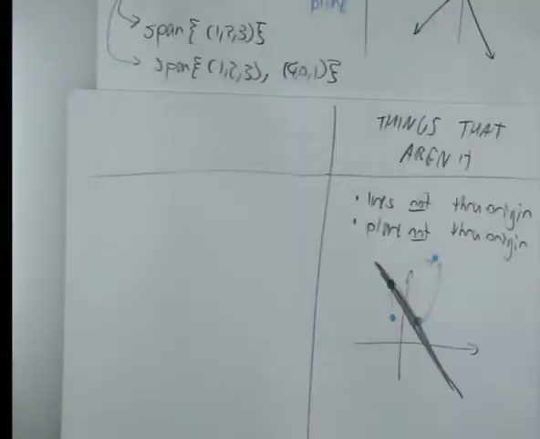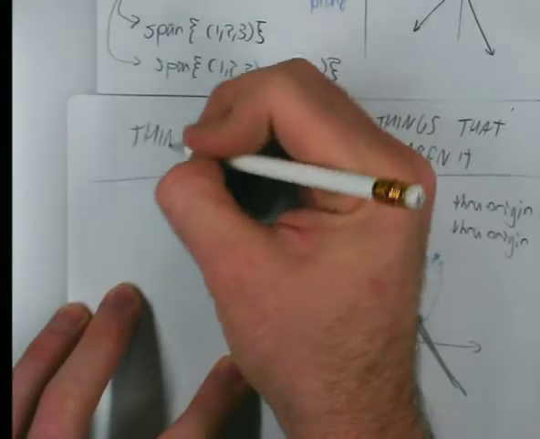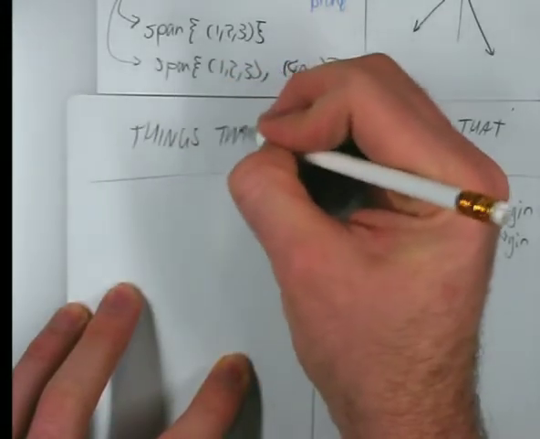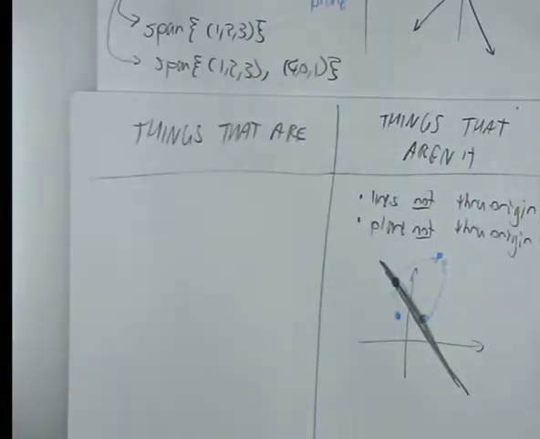So span is a set, okay, and therefore being a set it must have a rule for being in or out. And the rule for being in or out is that you are in if you're a combination of those things and you are out if you're not. So it is a theorem in your lecture notes that you are allowed to state that anything that is a span is a subspace.